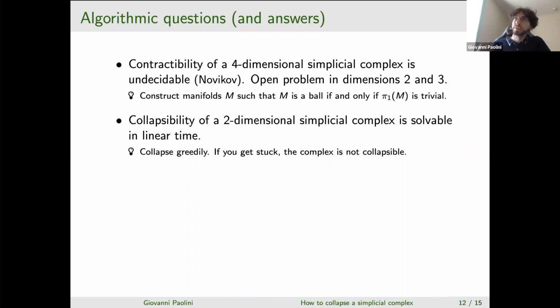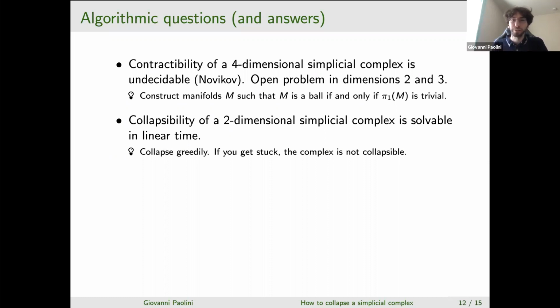The reason basically is that once you have collapsed all the 2-dimensional simplices, let's imagine that you did that, whatever 1-dimensional subcomplex you get, a 1-dimensional subcomplex is a graph, and a graph is collapsible if and only if it is contractible. So in whatever way you manage to arrive at a 1-dimensional subcomplex, you can finish collapsing it to a vertex if and only if the initial complex was contractible.